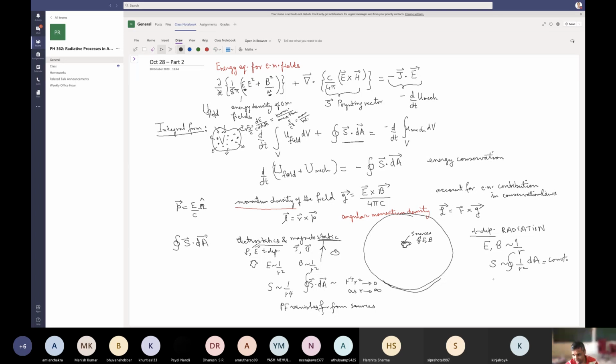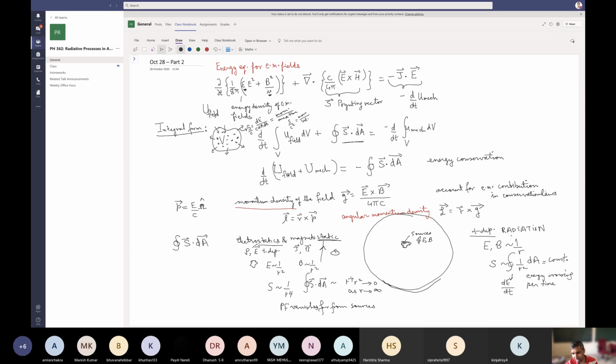So basically, this is the rate of energy crossing some area per unit time. S is nothing but the energy in EM fields per unit area per unit time. And if you multiply it by dA and integrate it over a shell, you get the energy crossing per unit time through some shell.